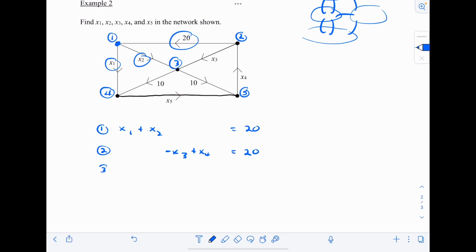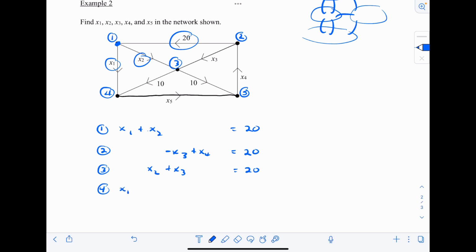So for node 3, we've got an x2 coming in, we've got an x3 coming in, and then going out, we have a 10 and a 10. So that's going to be a total of 20 outflow. For node 4, we've got an inflow of x1 and 10, and an outflow of x5.